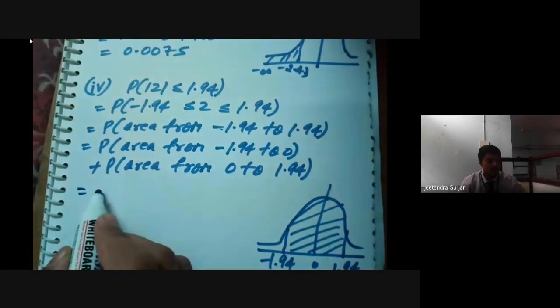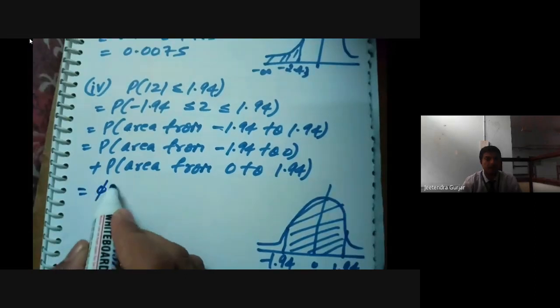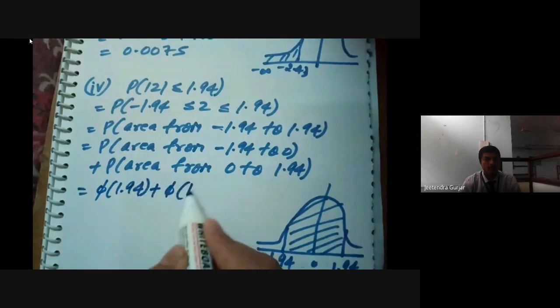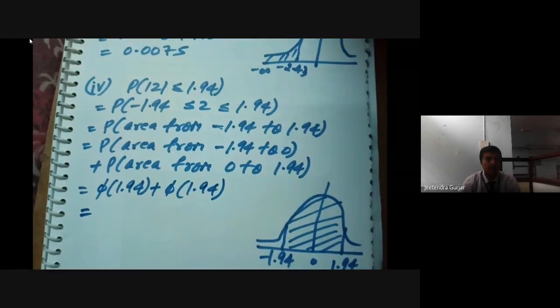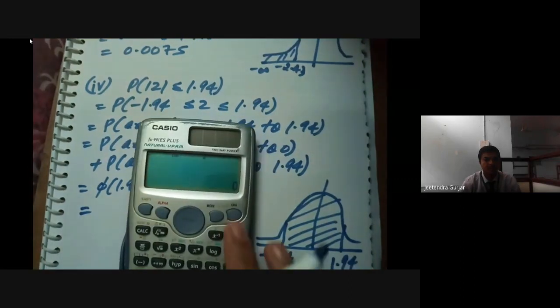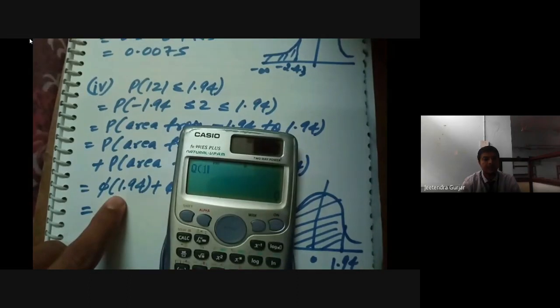So therefore, it means phi of 1.94 plus phi of 1.94. Both the areas are equal, therefore our standard normal distribution will be the same. I will repeat this once again. Go for mode, go for statistics, that is stat, and then go for shift 3. You are going to get the Q value.